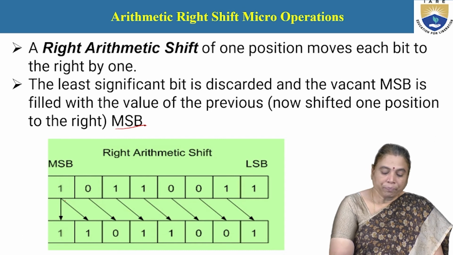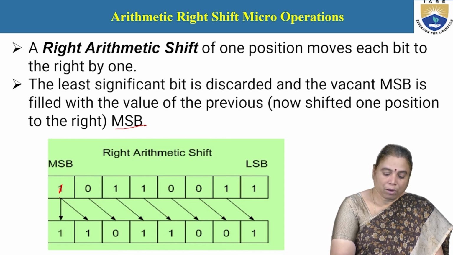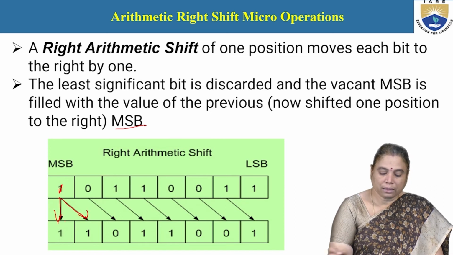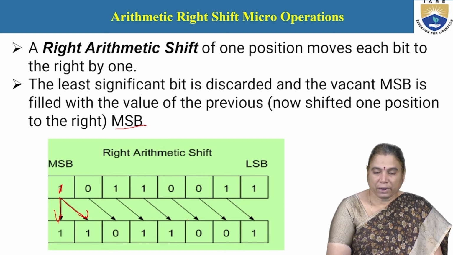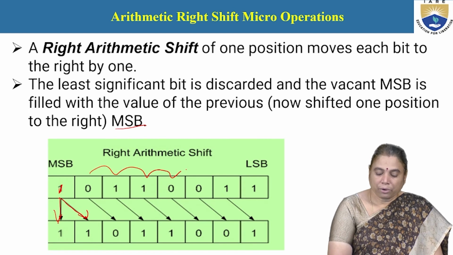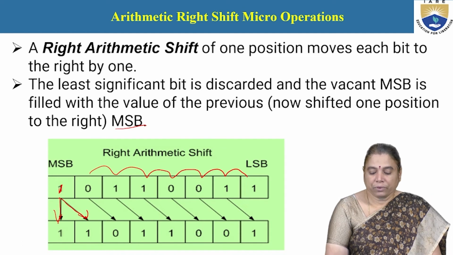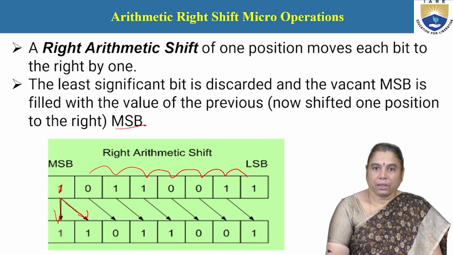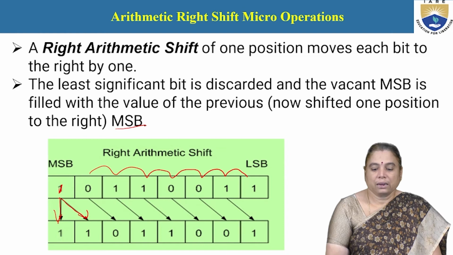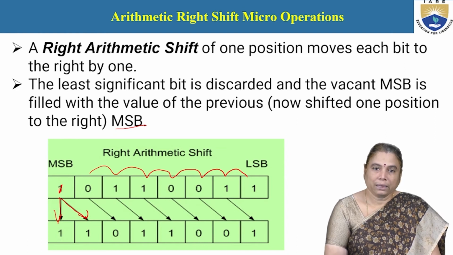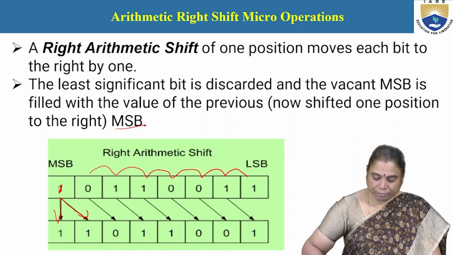So here the MSB bit is copied to two positions, the previous position and the next position, and the remaining bits are traversed to the right in the arithmetic right shift operation. So this is the variation between the logical right shift and the arithmetic right shift. But the left shift operations are identical in the case of the logical shift as well as the arithmetic left shift.